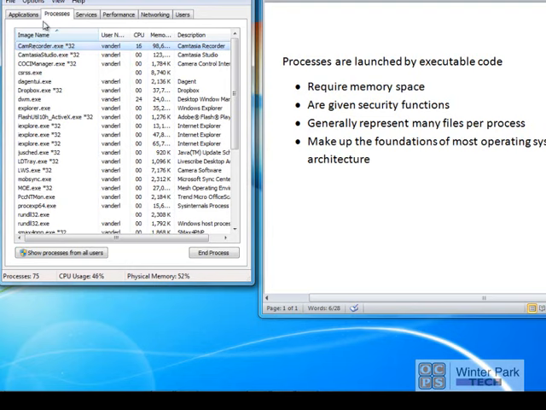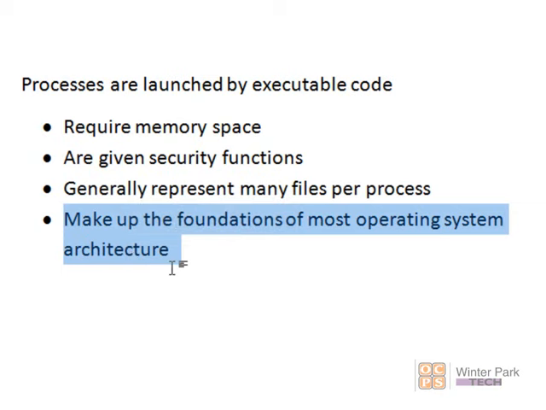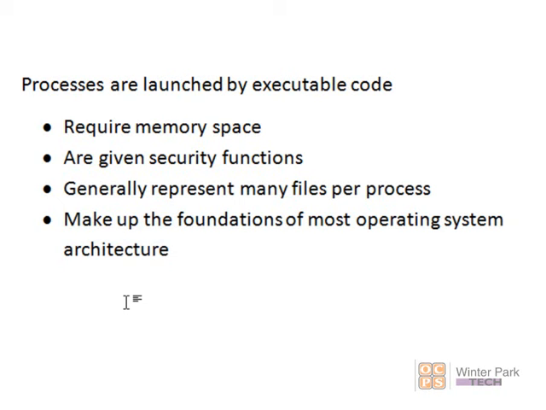What we see in the process column, though, is the executable code that launched the process. So generally, when we look at a process, there are many files that are in that process. So don't get confused that when I see camstudio.exe, that is the only file in that process, because that's generally not true. Processes make up the foundation of most operating systems architecture. So it's very important that we understand processes. They are the foundation for almost all operating system architecture.